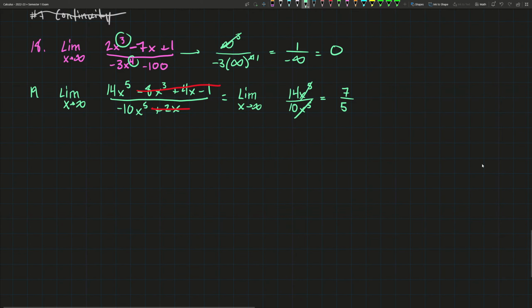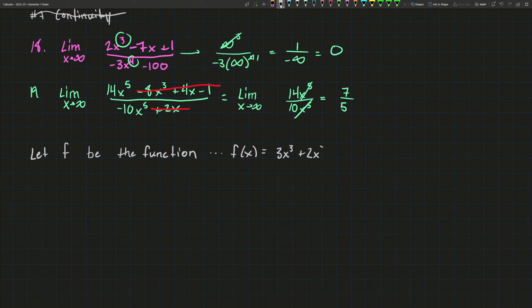Okay. That continuity quiz says let f be the function defined by f of x is equal to 3x to the third plus 2x squared over x squared minus x.